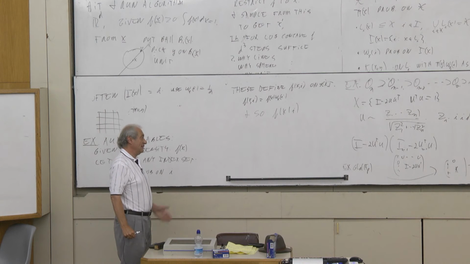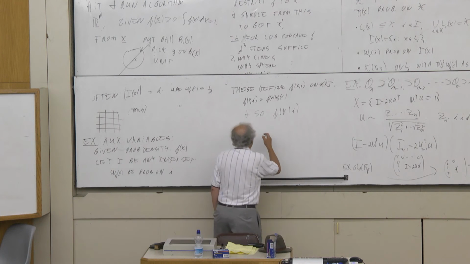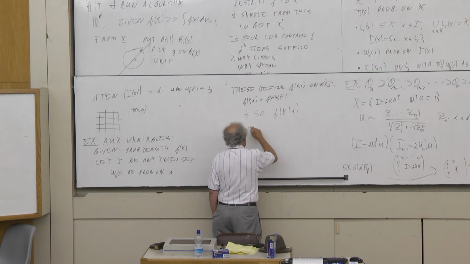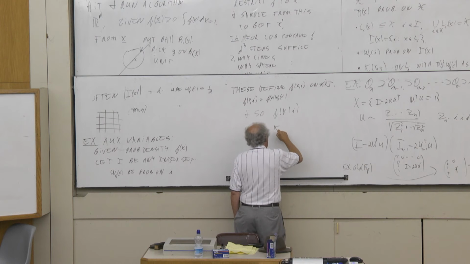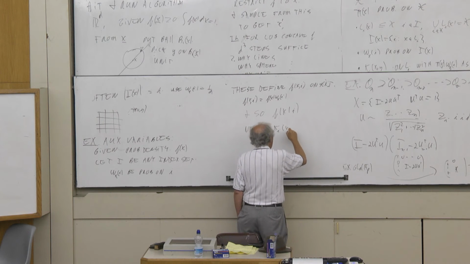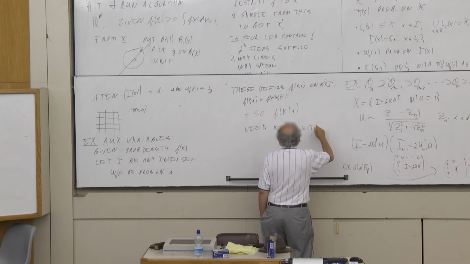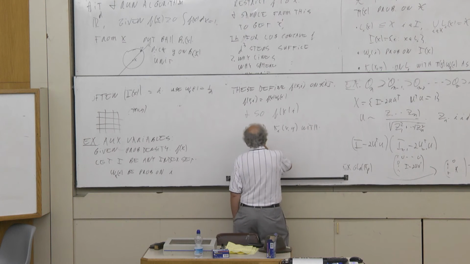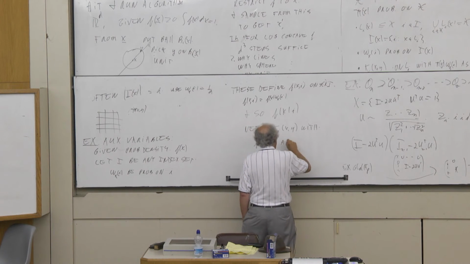And now I need a kernel k sub I of x, y with f of x given I as stationary.